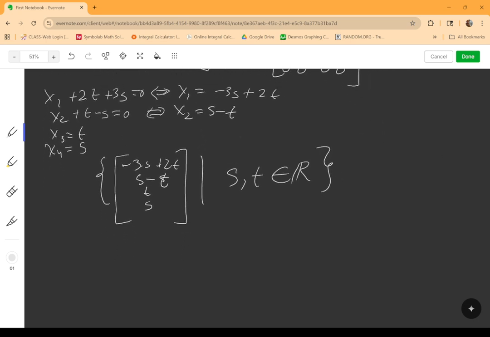Okay, so that's what we would, before, say, all right, this is the null space of A. Right, we'll work through it in that fashion.